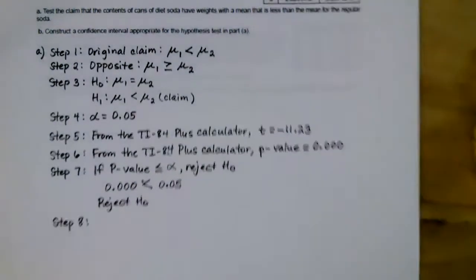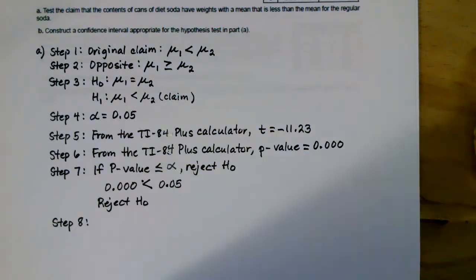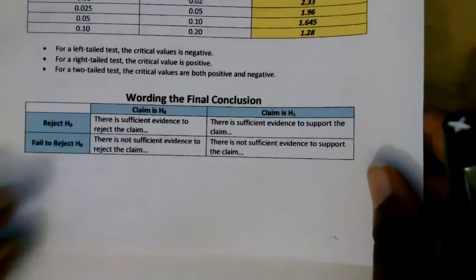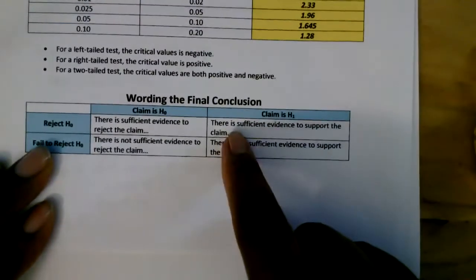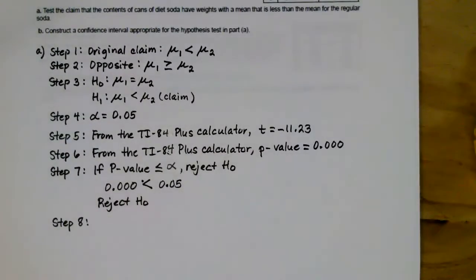And then step number 8 is writing my conclusion statement using simple non-technical terms. Now, I rejected the null hypothesis and the claim was the alternative. That means that there is sufficient evidence to support the claim.